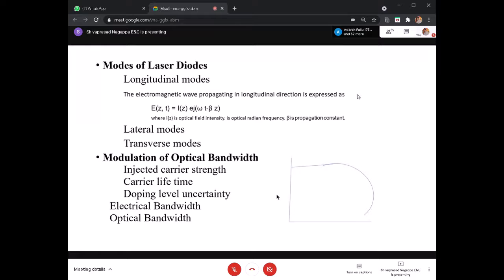Electrical bandwidth, you know how to calculate: it is 1 by root 2. How much is 1 by root 2? It is 0.707, so 0.707 times this.